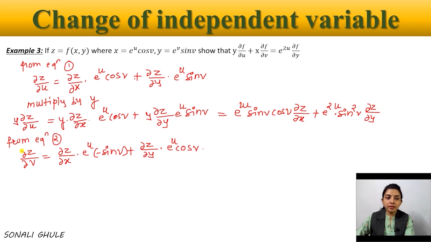Okay. But now this dou z by dou v is multiplied by x in our proof. So I have to multiply by x.